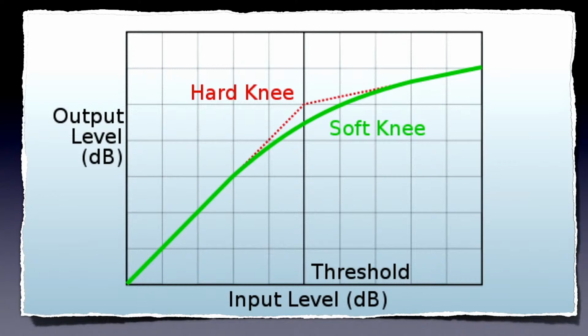So the red graph goes straight up as a 1-to-1 and then immediately flips over to the compression ratio. And then the soft knee shows you a curve, which means instead of going directly from 1-to-1 to 4-to-1 or 1-to-1 to 10-to-1, it goes 1-to-1 to 2-to-1 to 3-to-1 to 4-to-1. So it gradually goes into that.